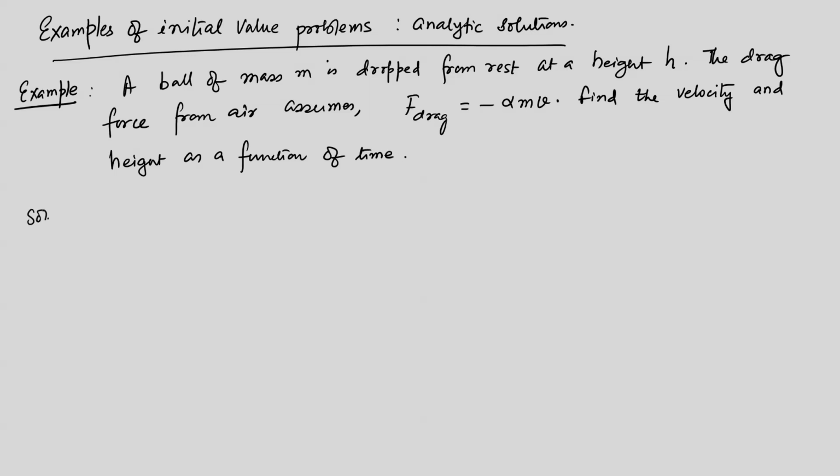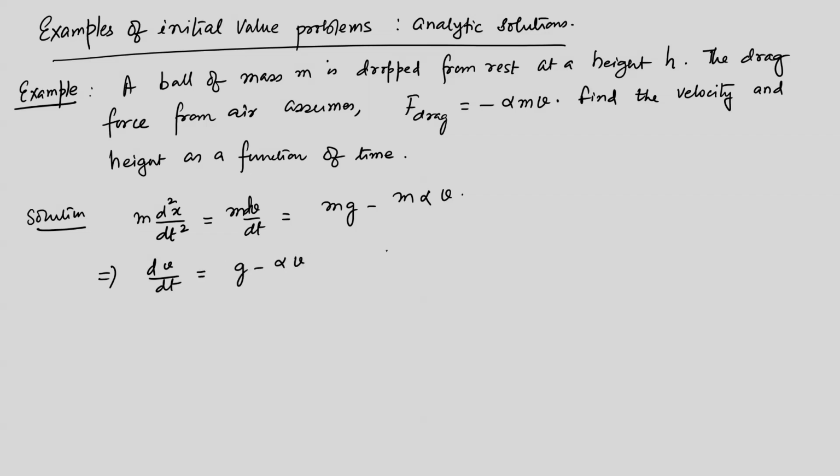So, the solution is simple, we know about it. This is the thing that we have to write. So, m dv/dt is equal to m g minus m alpha v. If you write this down, dv/dt equal to g minus alpha v.